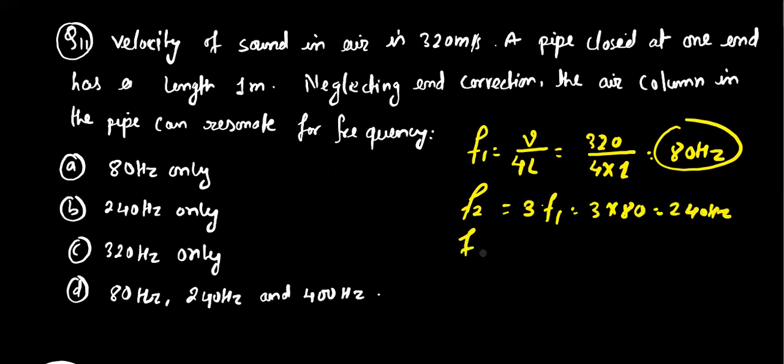And let us take another option for third mode of vibration. This is 5 times f1, so 5 times 80, which is equal to 400 hertz, which means that the tube can resonate for all of these frequencies. That's why option D is the correct option.